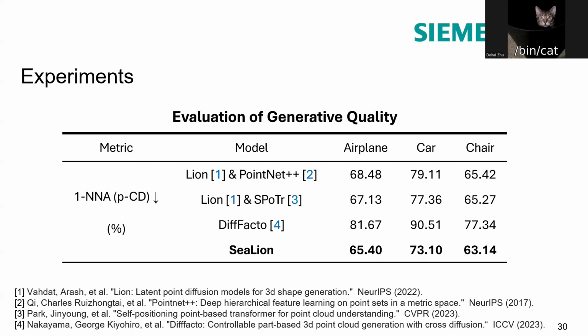That is, we first generate a point cloud with LION, the SOTA point cloud generation model, and then we apply pre-trained segmentation models like PointNet and SpoTr for the segmentation predictions. You can see that SeaLion outperforms all the baselines and gets the state-of-the-art result across all these three ShapeNet categories.